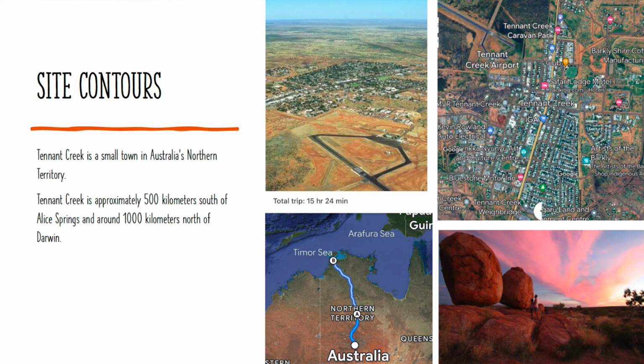Tennant Creek is a town and offers basic facilities such as supermarkets, restaurants, gas stations, medical centers, and schools. However, being a relatively small community, the range of available facilities is somewhat limited. The area features typical arid landscapes, including red desert and wilderness areas.